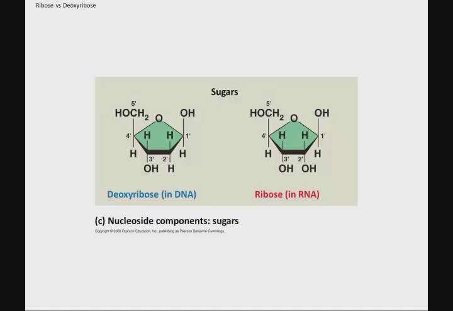And so as you can see, the 2' carbon has but a hydrogen attached to it, as opposed to in RNA, the 2' carbon is attached to a hydroxyl group below the ring. Right? So without that oxygen, now you have DNA. And that's important to understand because we're going to go on later when we talk about sequencing technologies, we're going to have to introduce the idea of a dideoxyribose.